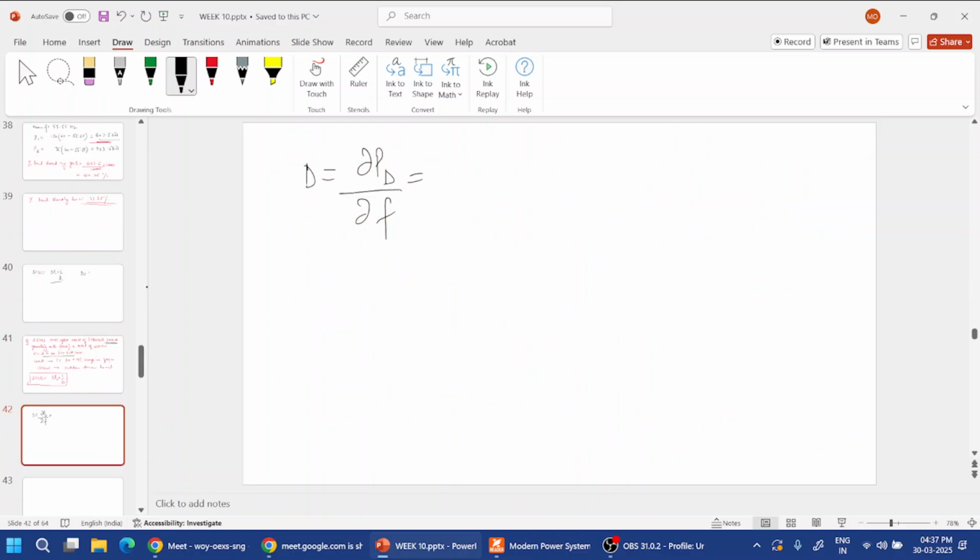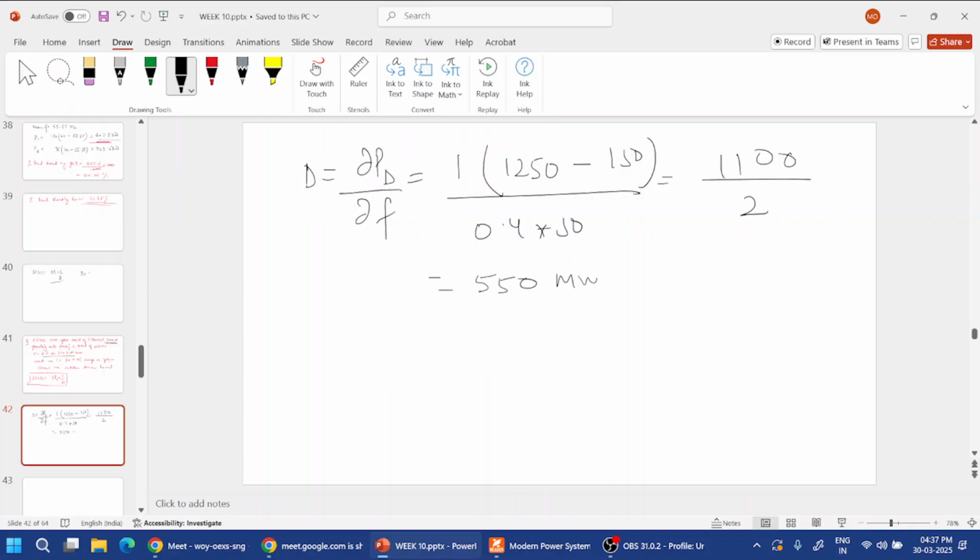So basically, the change in load is 1 percentage, and for 150, change in load is this much, and 0.4 into 50. So it will come out to be 0.00111 upon 22. I think it is correct, so let me solve it for you. 1100 divided by 2 will be 550 megawatt per hertz.